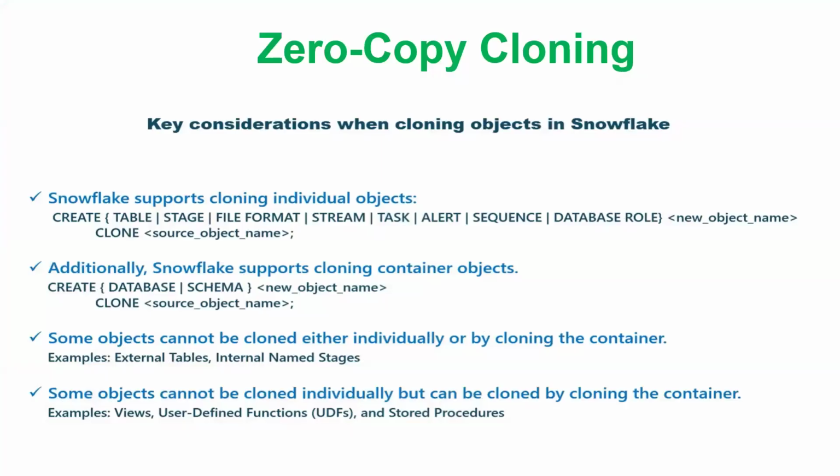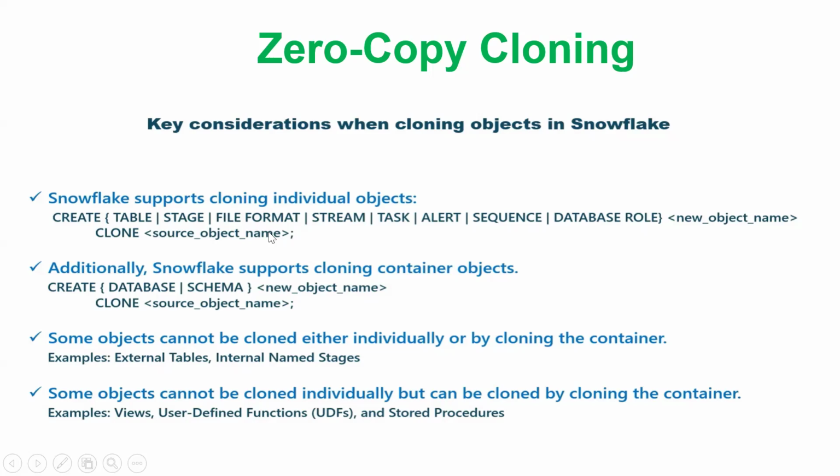So coming to how to create a cloned object, I need to use create. For example, it can be a table or a stage. I can clone all these objects that you see. So I can clone a table: create table customer clone, cloning the customer table.